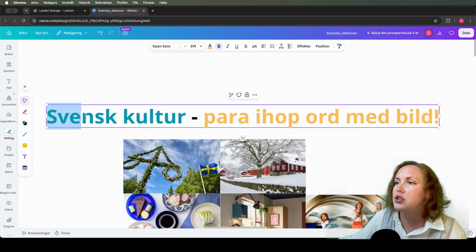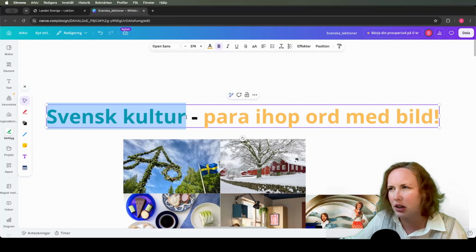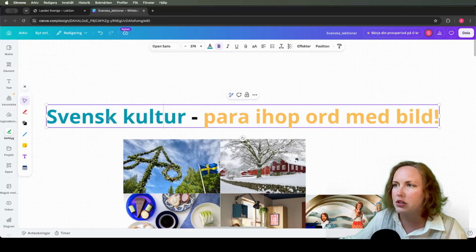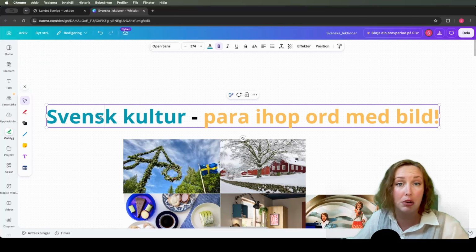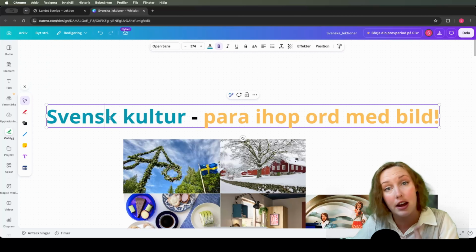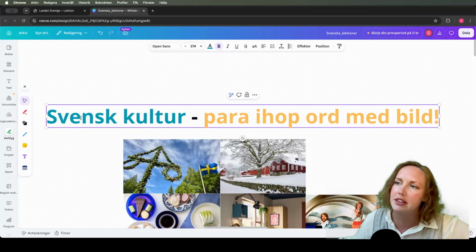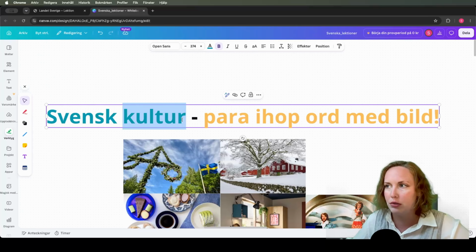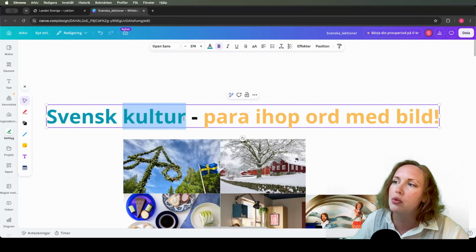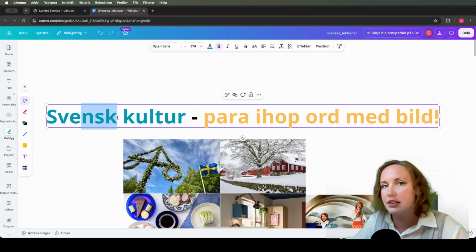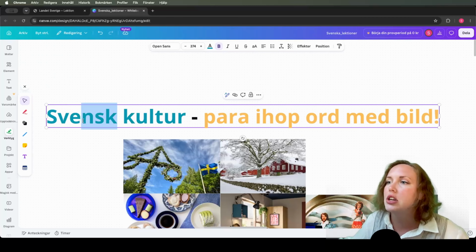So Swedish culture, kind of looks like it means that, right? Svensk kultur. Svensk means Swedish. For example, jag är svensk. I am Swedish. Svensk kultur. Swedish culture. Also here how I roll my R's. Svensk kultur. A little bit strange how we have many consonants after each other, also often in Swedish. Svensk kultur, culture.